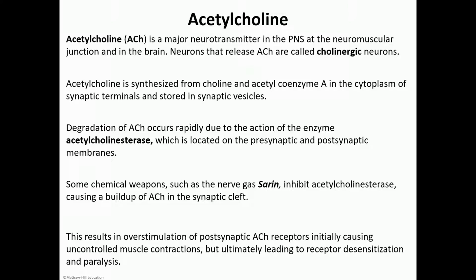Some chemical weapons, such as the nerve gas known as sarin, inhibit acetylcholinesterase. That leads to the buildup of acetylcholine in the neuromuscular junction, leading to the overstimulation of muscles. That leads to uncontrolled muscle contractions, seizures, spastic paralysis, and can eventually lead to death due to respiratory failure.